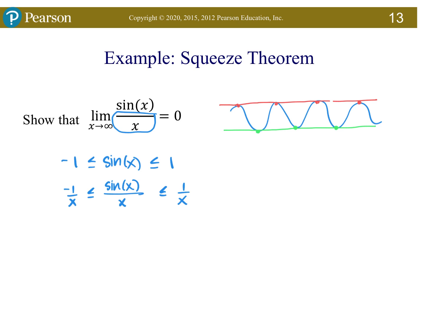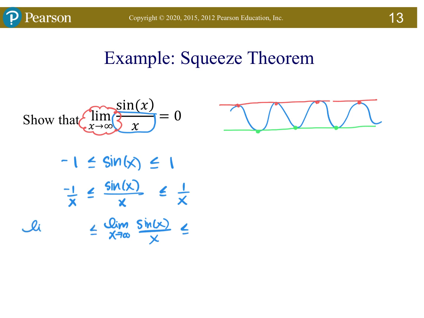Well, now I want to think about the limit of all of these things. So let me bring that into the equation. I want to know the limit of the sine of x over x, which means if I apply it to the middle, I also have to apply it to the left and the right sides.